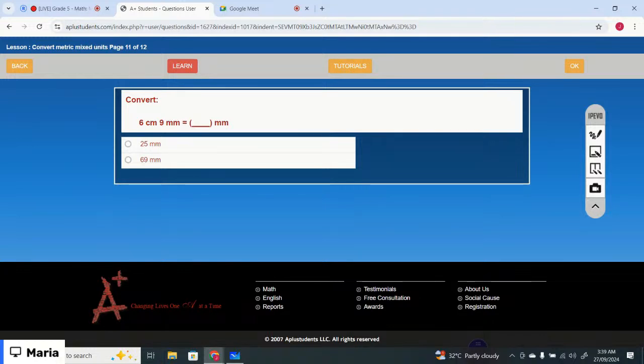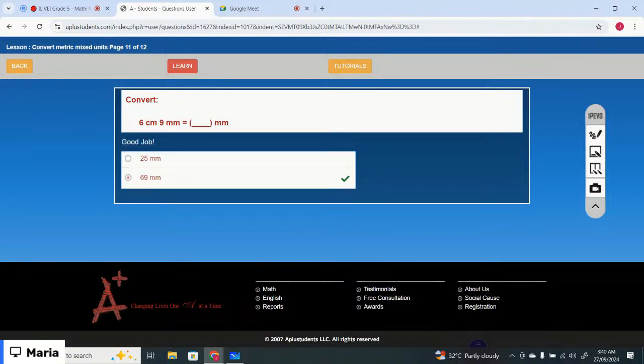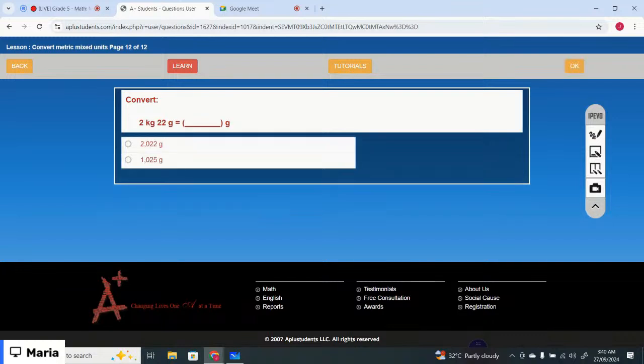6 centimeters 9 millimeters, which is the correct option? Yes, 69 millimeters it is. 2 kilograms 22 grams, which is the correct option?